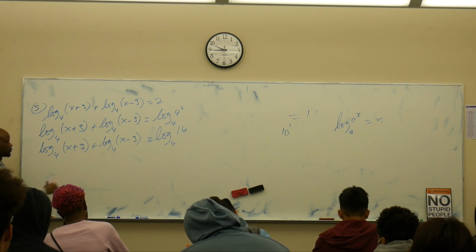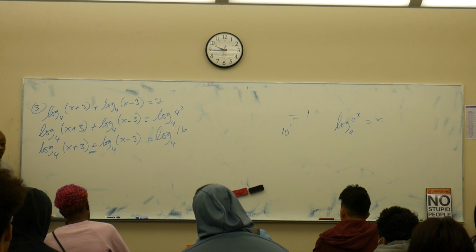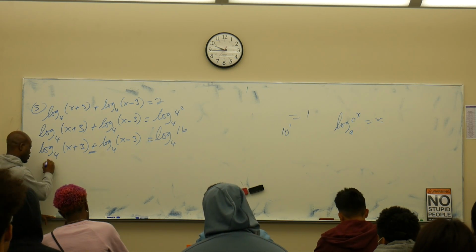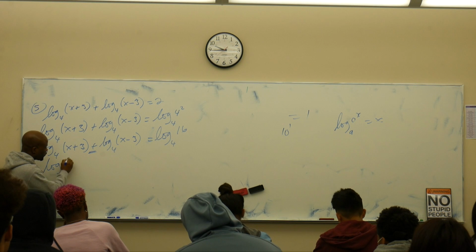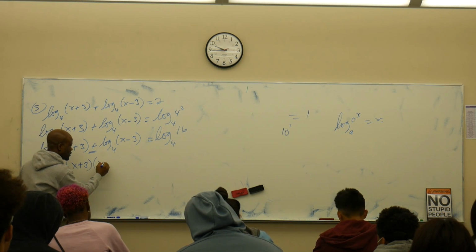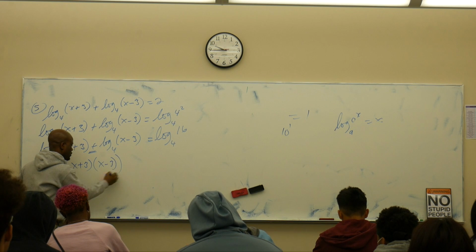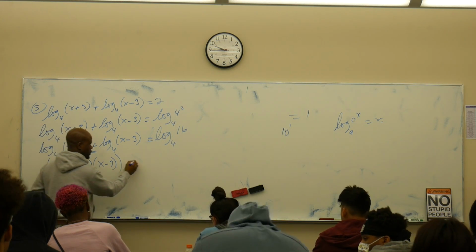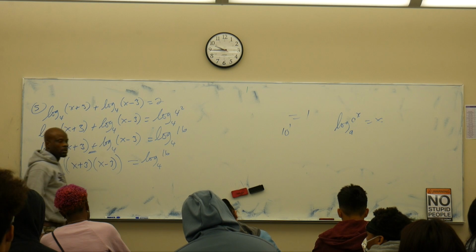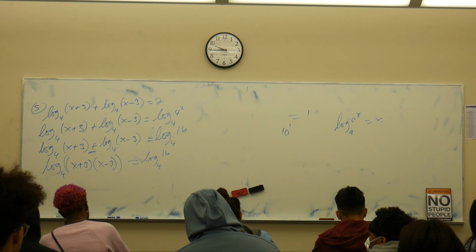All right? What does that operation tell me to do when I'm condensing? I should multiply. So we have the log base 4 of x plus 3 times x minus 3 is equal to the log base 4 of 16.